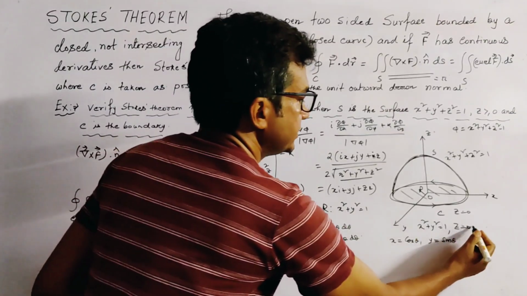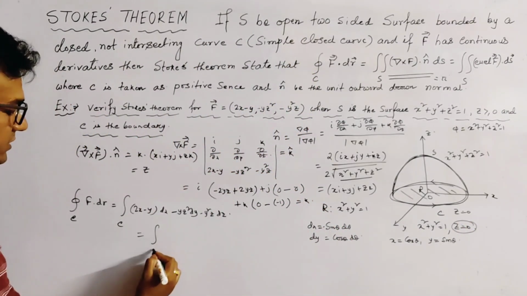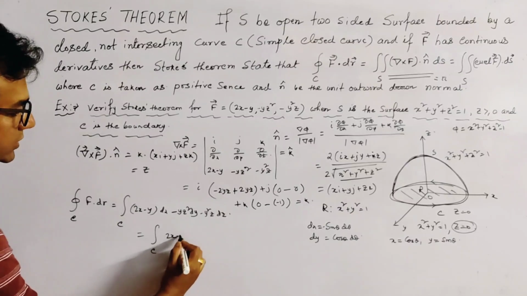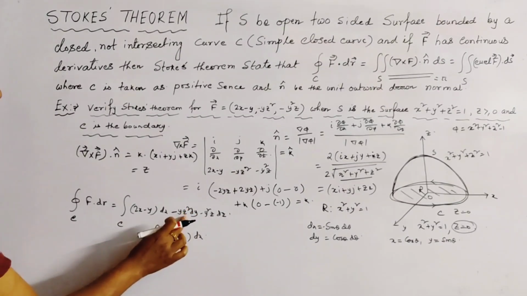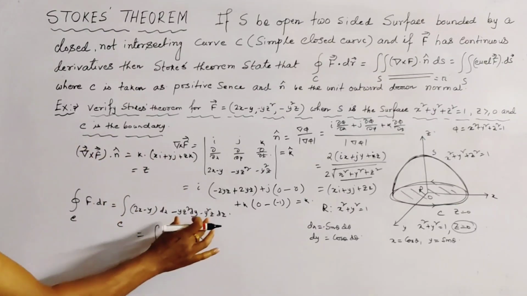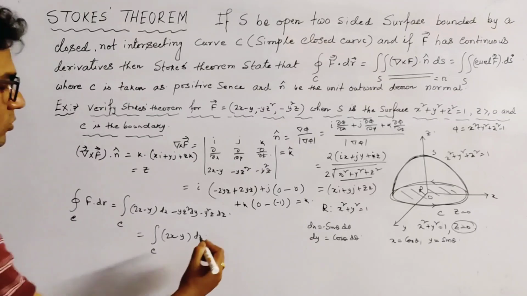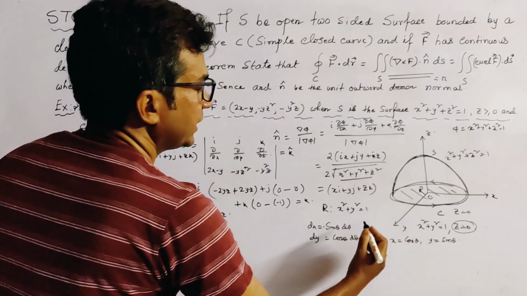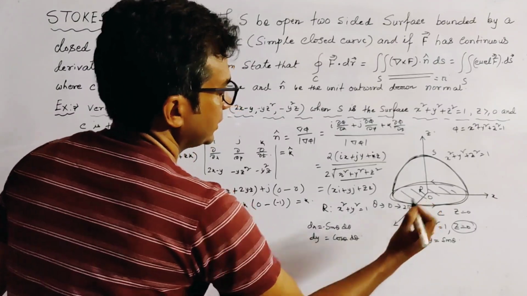We first put z equal to 0. So we get the integration over C of (2x minus y) dx only, because here is z and here is z, so the second and third terms are 0. Now for the circle, the range of theta is from 0 to 2 pi, right?